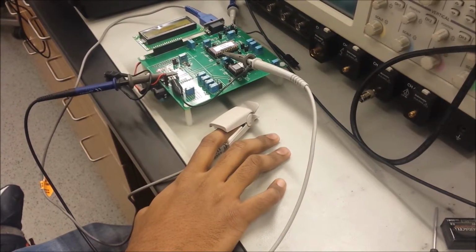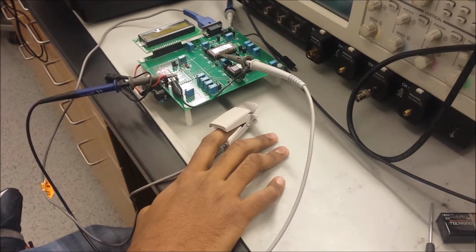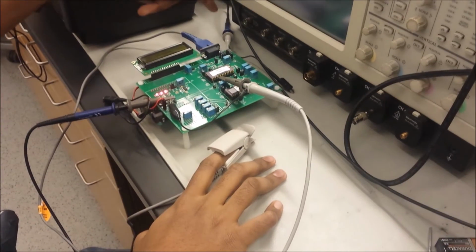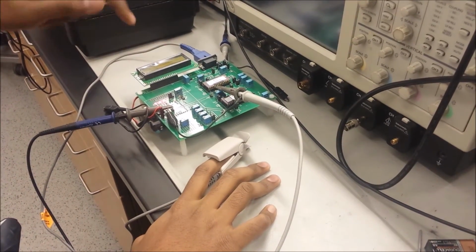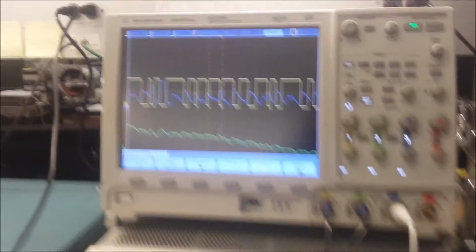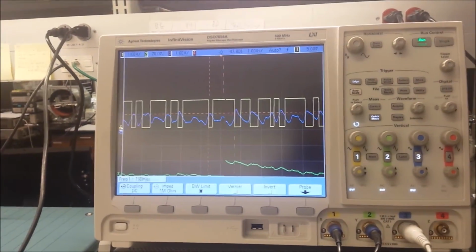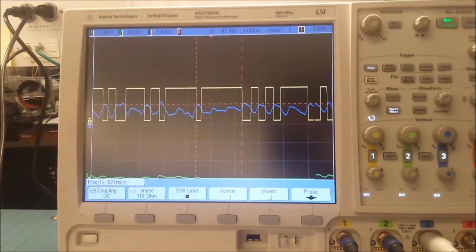Now I'm probing certain signals of interest from the board. I'm primarily probing three signals right now: the signal from the PPG sensor, the signal out of the filter chain, and the digitized signal from the comparator. These are what the signals look like on the oscilloscope, and as usual, they're terrible.